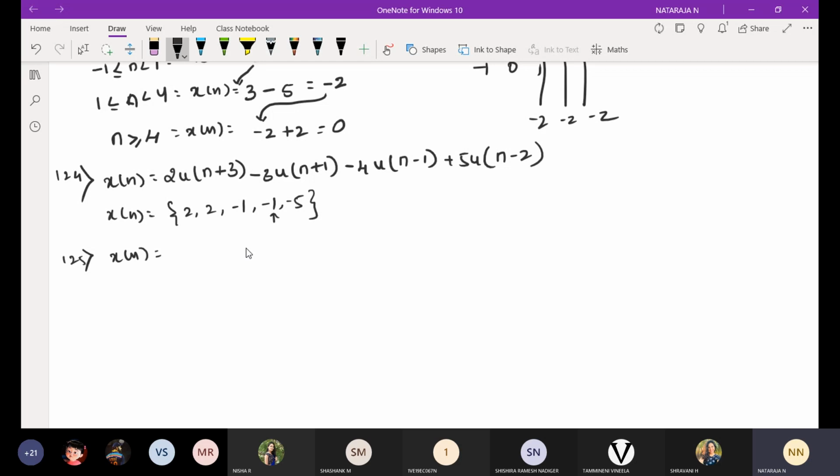x of n is equal to 4u of n minus 1 minus 2u of n minus 3 plus 3u of n minus 4 minus 5u of n minus 5.